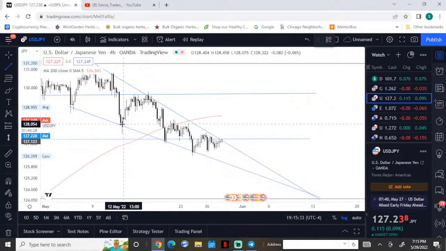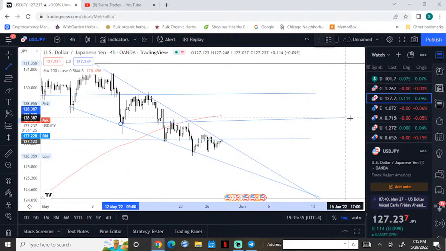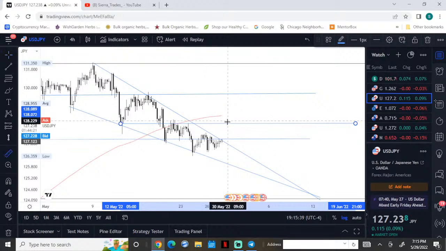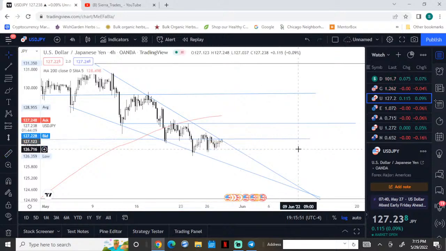Let me see. You think it might just be 20 pips, but this might be 100 pips. Knowing JPY, yep, 80, 81 pips. That's significant enough to be marked.